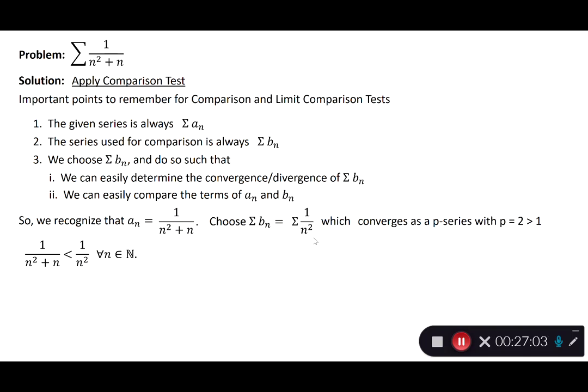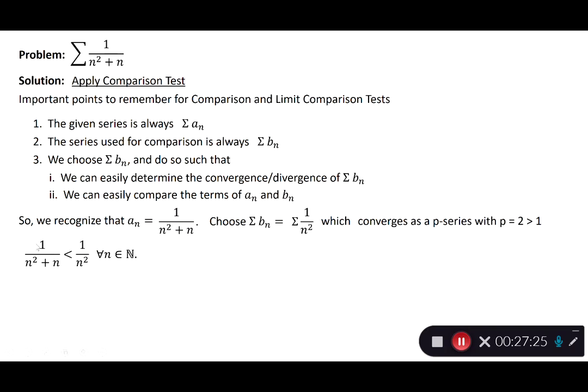Are those terms positive? Yep. When n takes on values of 1, 2, 3, well, in this case, it doesn't matter whether n is positive or negative. N square is always positive. 1 over n square is always positive. Cool. So we satisfied the condition that sigma a sub n and sigma b sub n must be series with positive terms. Is sigma b sub n convergent? Yep, it is.